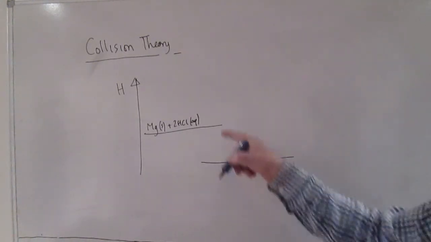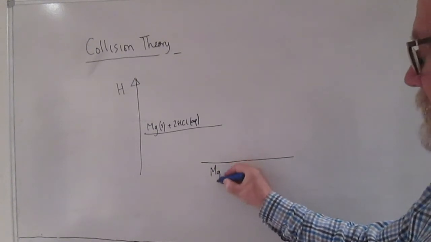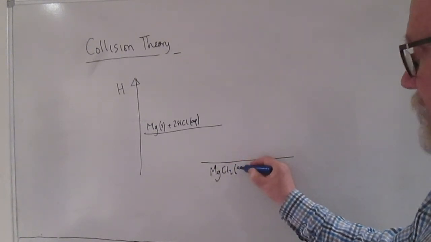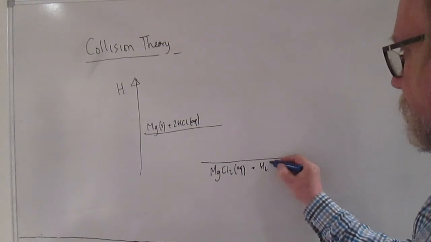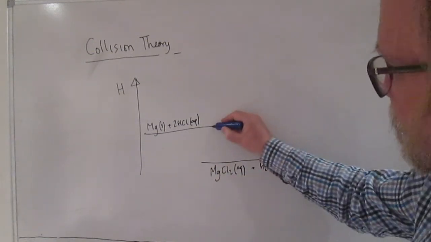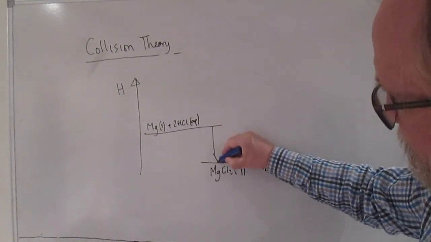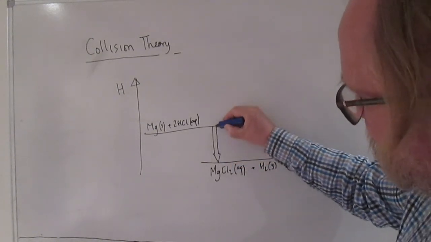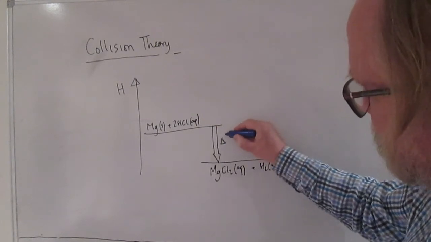So at the end, when we've got our products, aqueous magnesium chloride and hydrogen, we'll be at a lower enthalpy level, and so we'll have this change, which is delta H for the reaction.